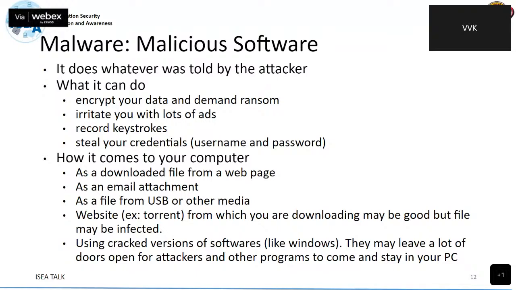Encrypt your data and demand ransom. Unless you pay the money, your data will not be decrypted. Or it may irritate you with a lot of advertisements. Or keystrokes may be recorded. Sensitive information, be it passwords or other stuff, will be logged, collected and then sent to the attacker.